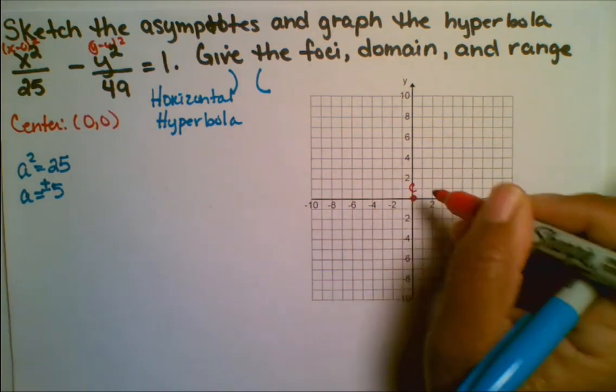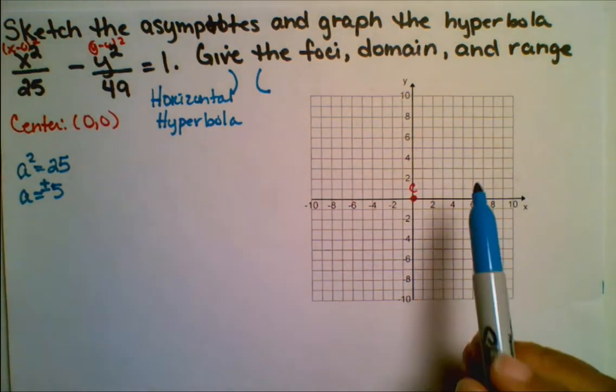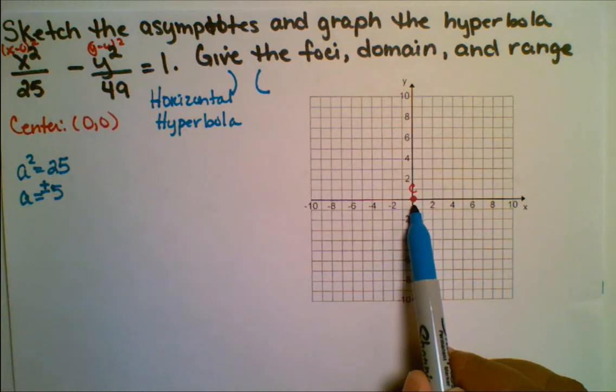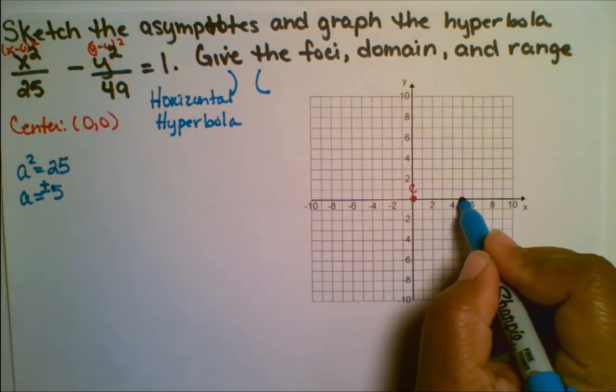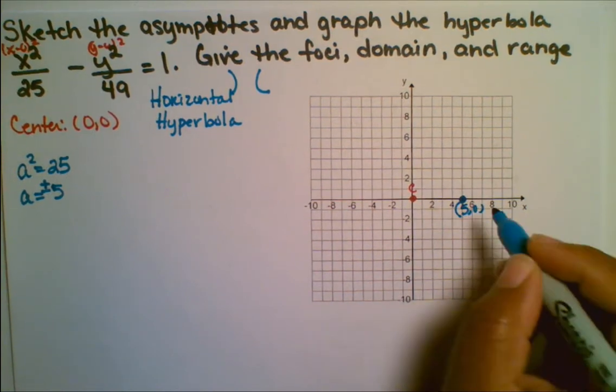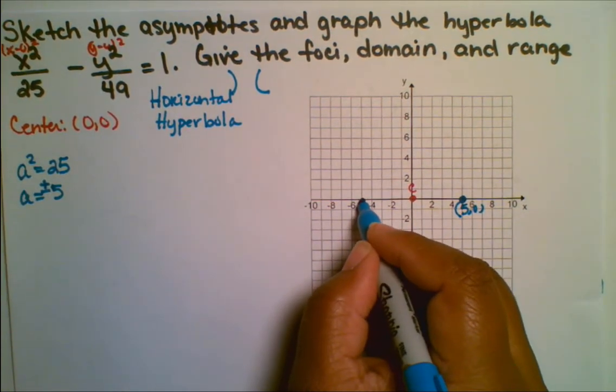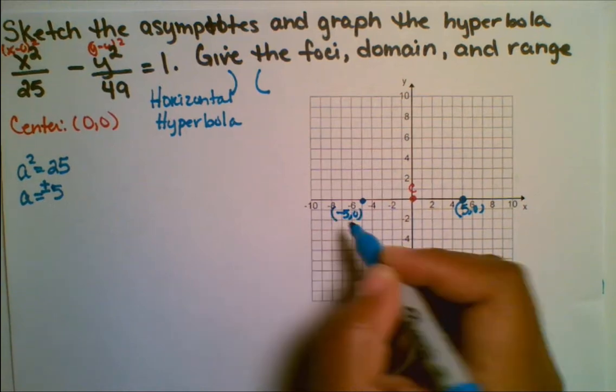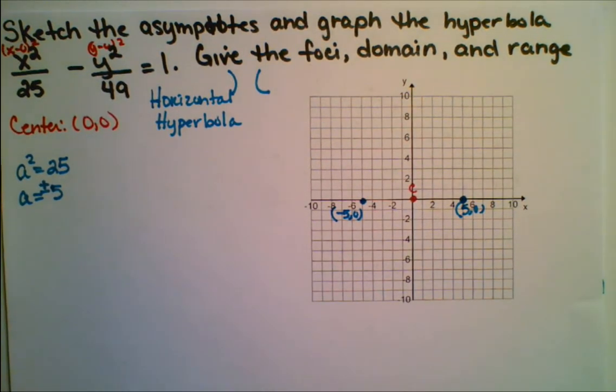I'm going to put C there for center, and then we're going to move 5 units to the right. We're at positive 5, 0. We're going to move 5 units to the left at negative 5, 0. Okay. So then it's asking us to find the foci.